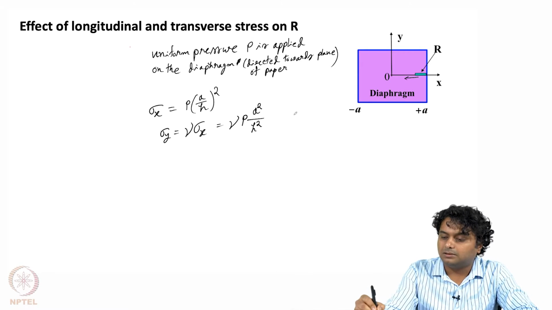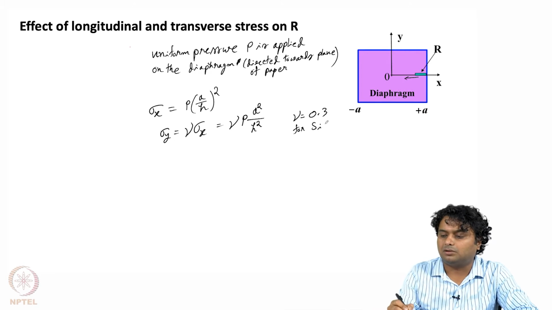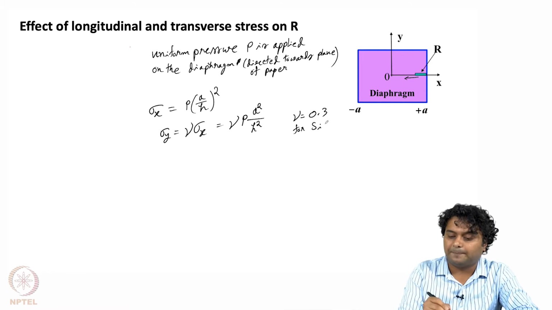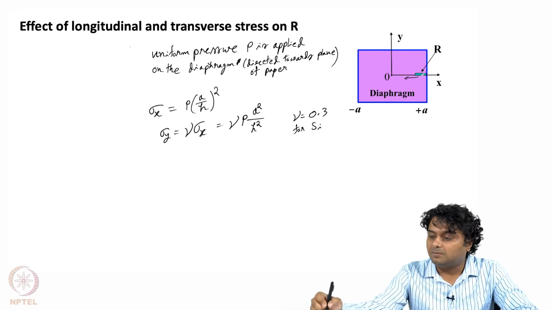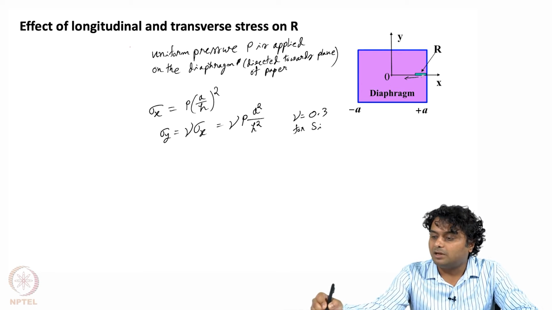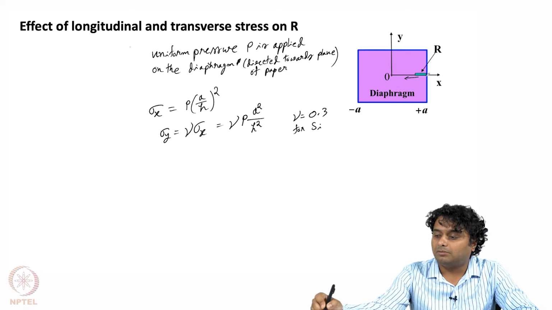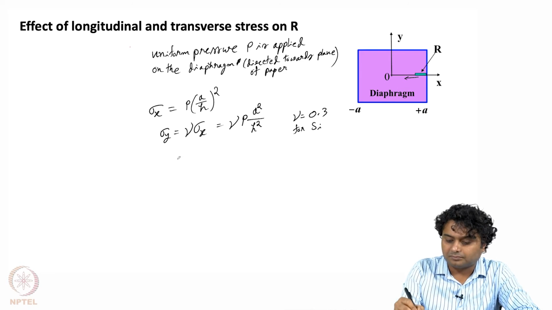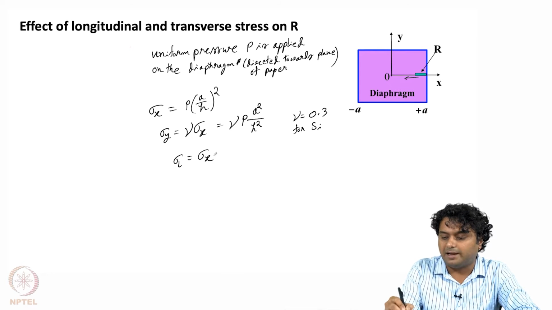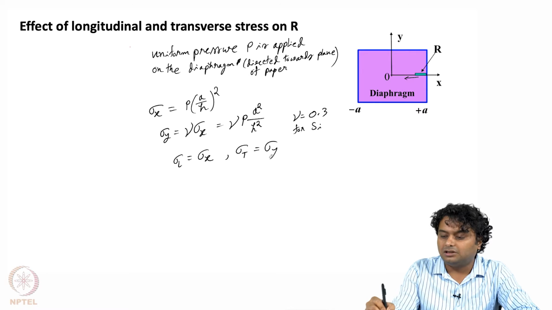Now, nu is 0.3 for silicon. So, if it is a silicon membrane, we can consider nu to be 0.3. Now, this is sigma x, and as you can see, this is also the direction of the resistor. It means it is the longitudinal direction of the resistor. So, longitudinal stress sigma L is equal to sigma x, and transverse stress sigma T is equal to sigma y.